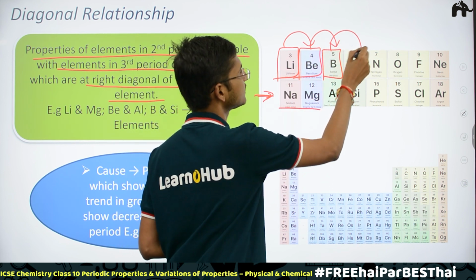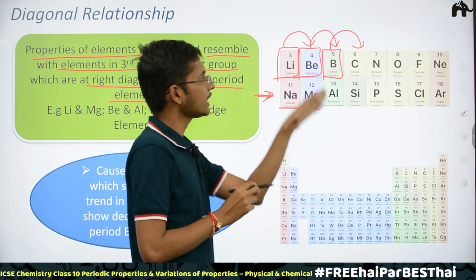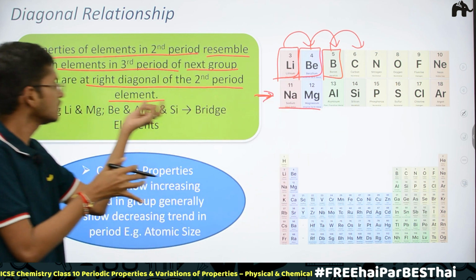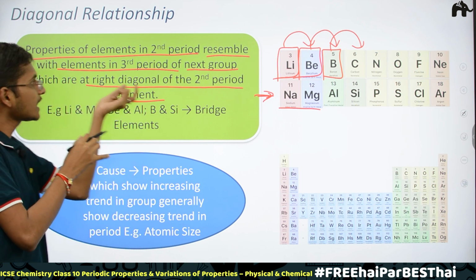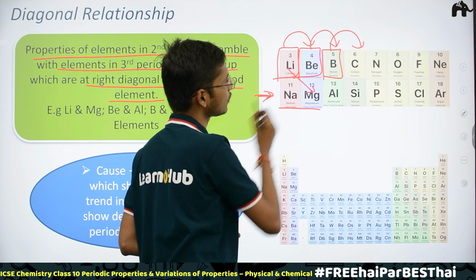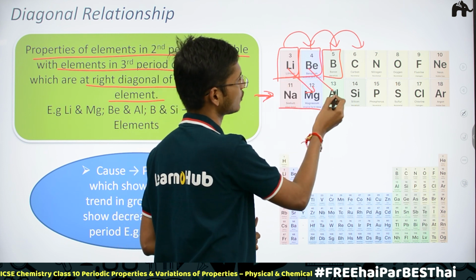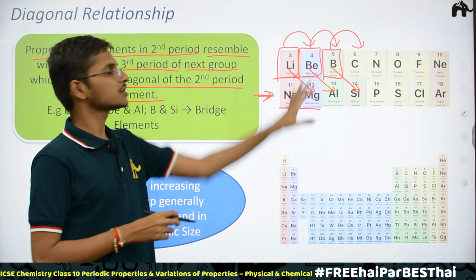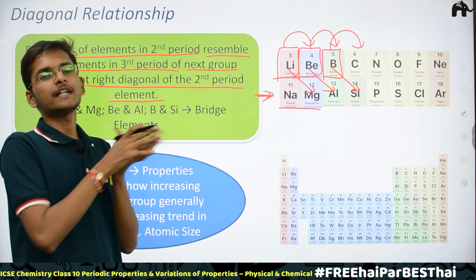In case of boron, the element is from the next group and third period. And we have just seen that it is at the right diagonal of the second period element, and this relationship is called diagonal relationship.